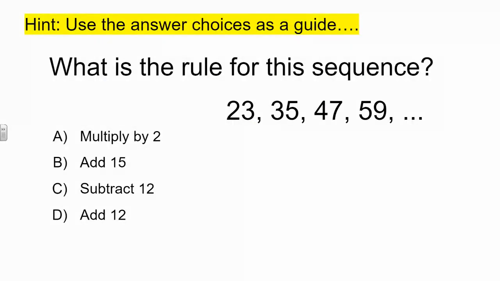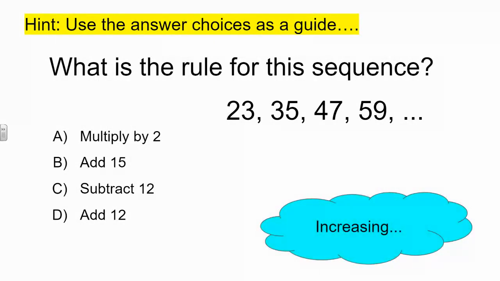A really important thing too is, when you're dealing with multiple choice, you know that the answer is right in front of you. 3 of them are wrong, but 1 of them is right. So you don't have to grasp into thin air to figure out what the answer is. You can use the answer choices as a guide. So if you look at this one, I know the numbers are increasing, so I know it's going to be addition or multiplication. So we can get rid of the subtraction rule right away.